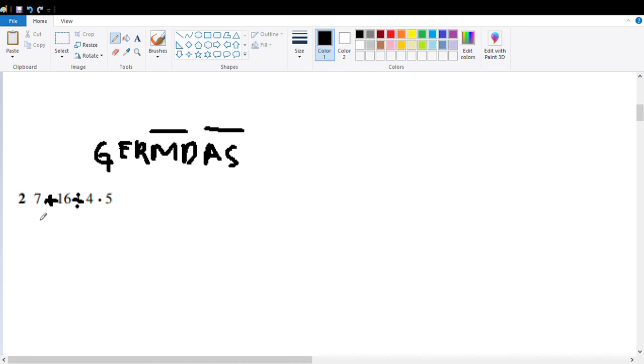So which one should we do first? Are we going to do 7 plus 16? Or are we going to do 16 divided by 4? Or is it finally going to be 4 times 5? If you do it correctly, it's going to be 16 divided by 4. Why is that?